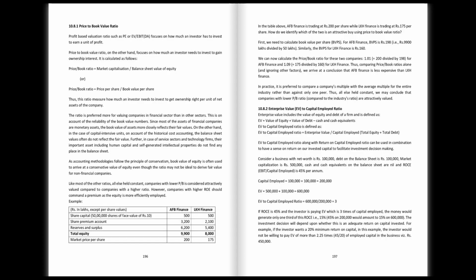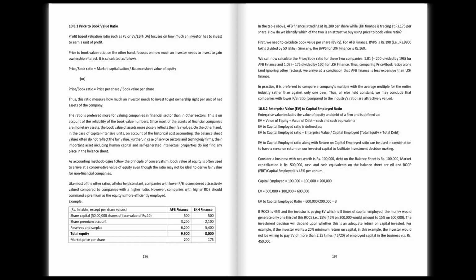In practice, it is preferred to compare a company's multiple with the average multiple for the entire industry rather than against only one peer. Thus, all else held constant, we may conclude that companies with a lower PB ratio compared to the industry's ratio are attractively valued.